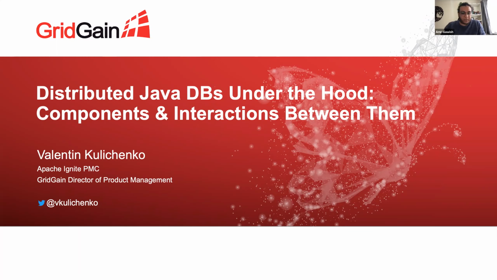Today we are talking about distributed Java databases under the hood, main components and interactions with them. The speaker today is Valentine Klichenko, the GridGain Director of Product Management. He's also a passionate open source Apache Ignite community member and a PMC member.